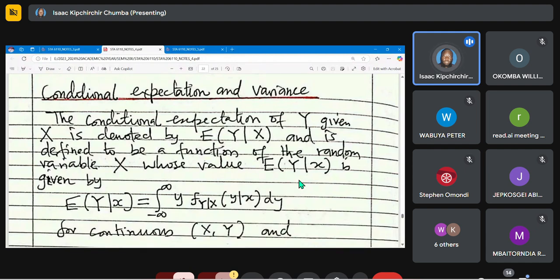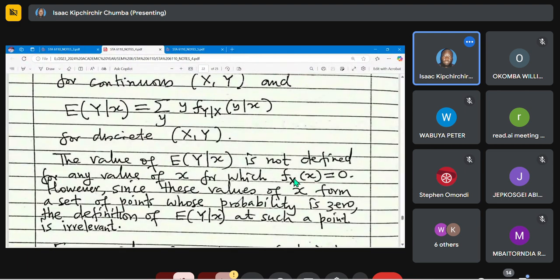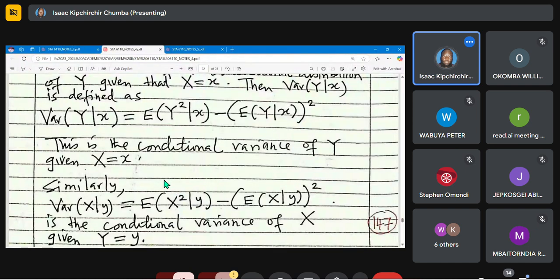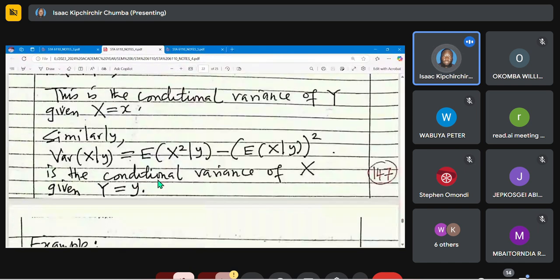So when you say the expectation of y given x, we can call it the conditional expectation of y given x. Similarly, we can define it for x given y, and then we talk about the conditional variance of x given y.